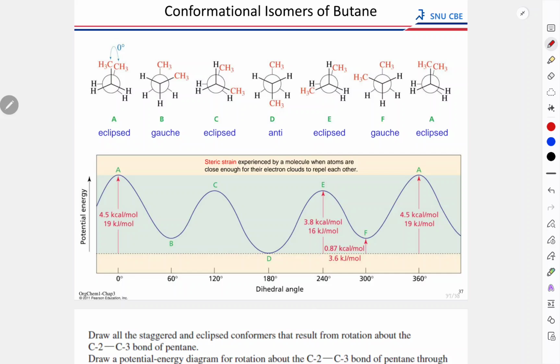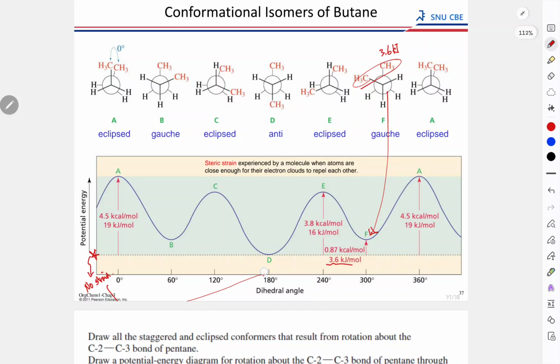What about the gauche conformer? We define the gauche interaction, which gives you 3.6 kilojoule per mole in energy. So the barrier from here to there is 3.6 kilojoule per mole. Of course, the baseline here is D, where there's no strain, so you are referring to zero energy from D. So the anti conformer, in this case, is the most stable conformational state.